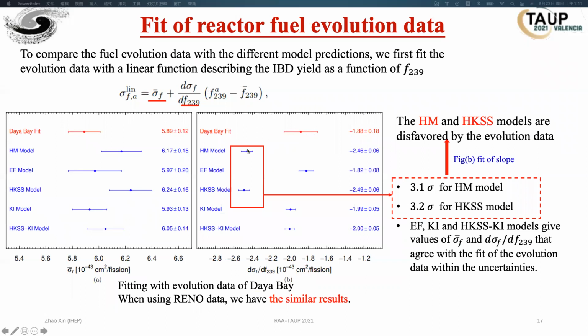There is an existing 3 sigma deviation for the Huber-Mueller model and the HKSS model, while the rest 3 models agree with the evolution data, for both the fitting of the average IBD yield and the slope. When applying the ratio data, similar results can also be obtained.